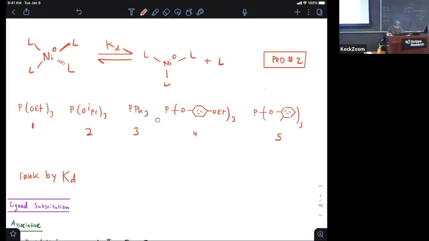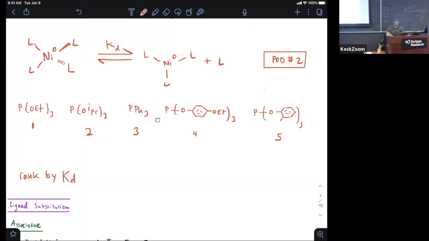Left to right in terms of lowest to highest KD. Sure, perfect. Let's just get the discussion kicked off.